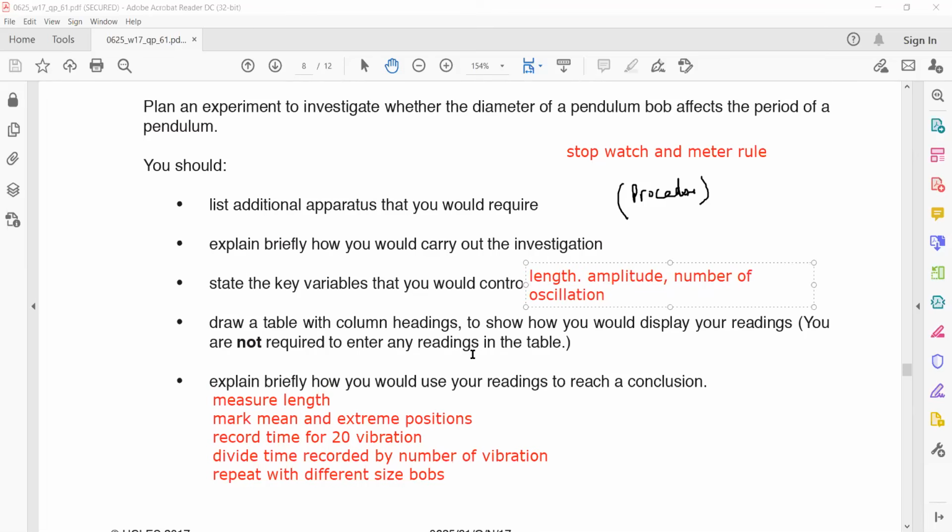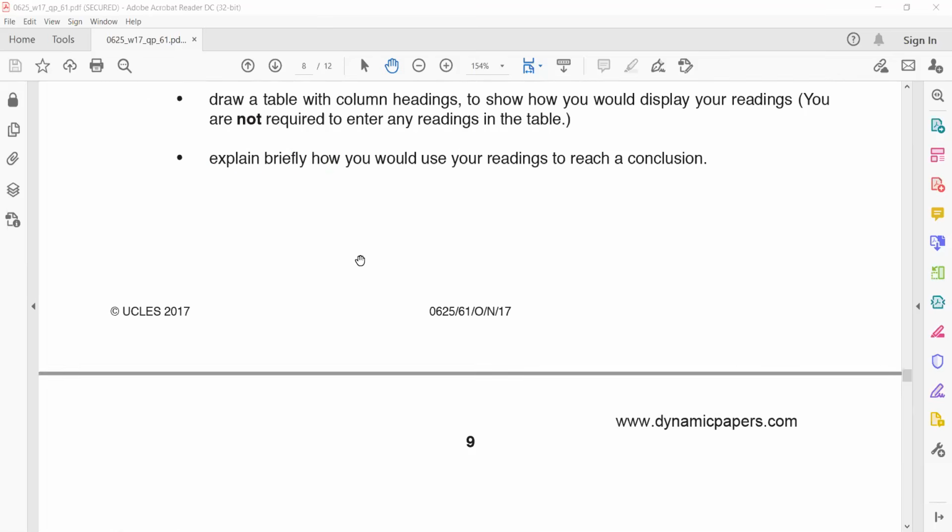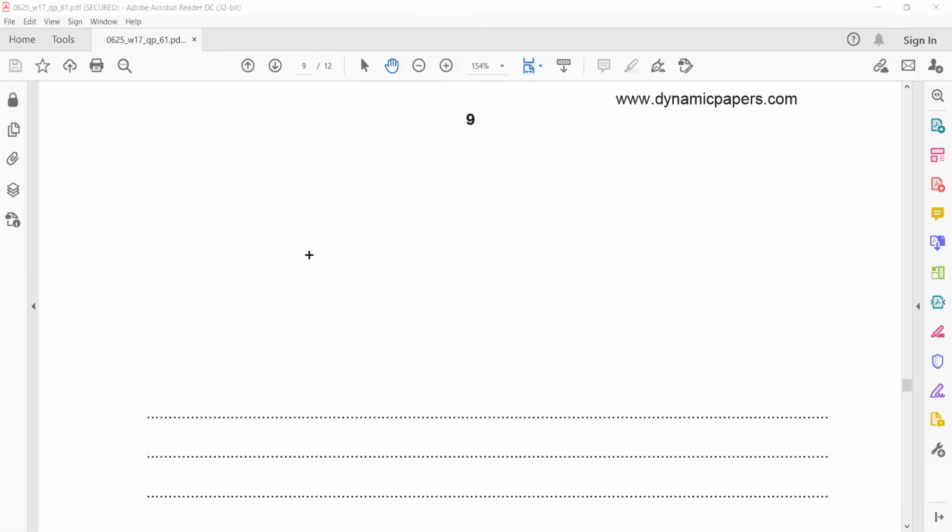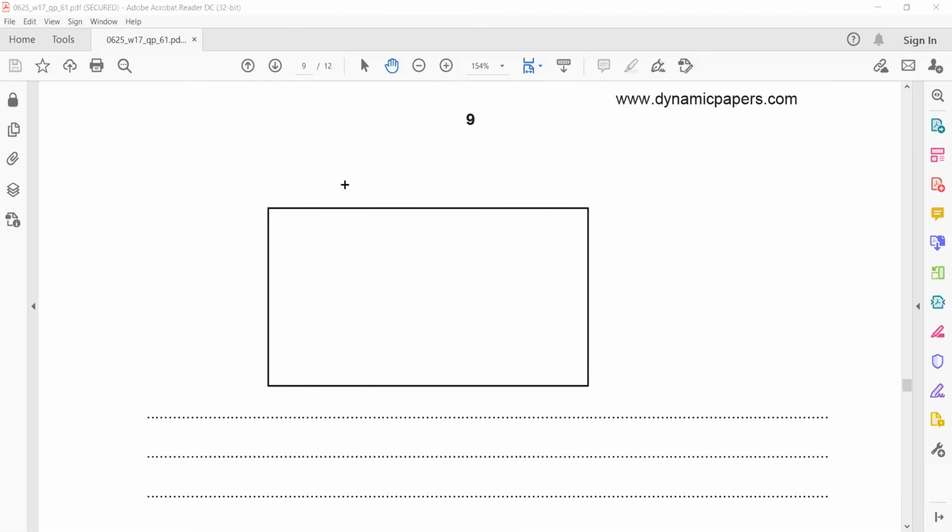Then draw a table with column headings to show how you display your result. So how will we display our result? We will have the time for 20 vibrations, and then, say, material, bob size, which is in millimeter or centimeter, then time for 20 vibrations and time for 1 vibration.